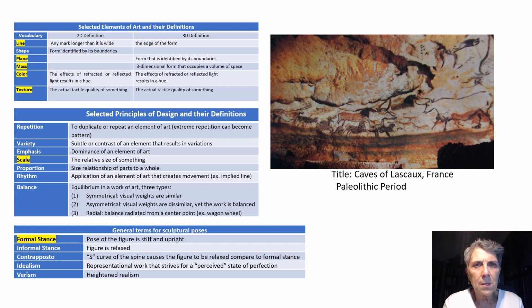Formal stance, which were stiff. The only culture that didn't was early on India. Well, first of all, they were aniconic. We'll talk about that. There were no images, and then they became iconic, and they had images, and they were always very sensuous and informal poses. So those are the words you're going to use.